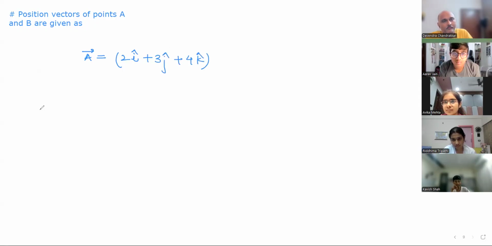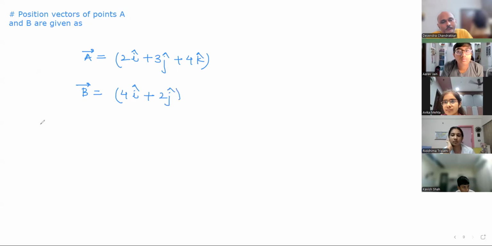This is the position vector of point A. Position vector of point B is given as 4i cap plus 2j cap minus 6k cap, right? You have to find the position vector of point A with respect to point B.